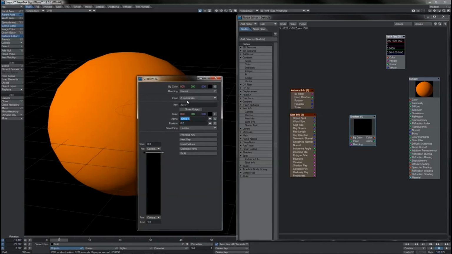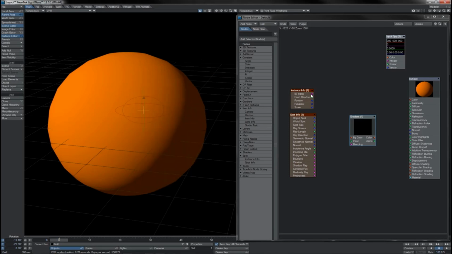And its input by standard is just x coordinate. This is just a single number, the x coordinate of, well, we're in a surface editor, so in this case the ball surface there. At 0 meters it would be 1 key, at 1 meter or whatever I put into the n here, it would be another key and keys in between. Okay? X coordinate is just a singular value on this singular object.